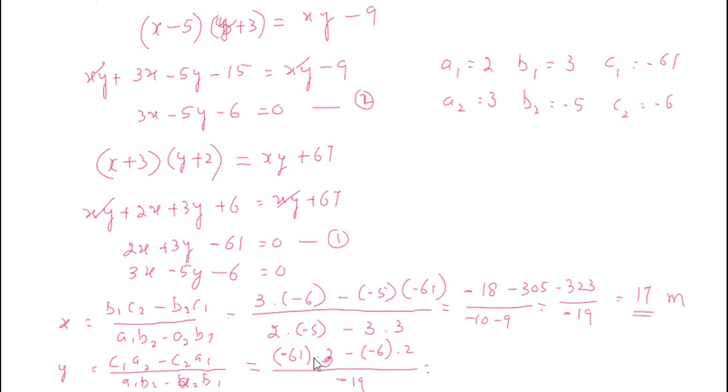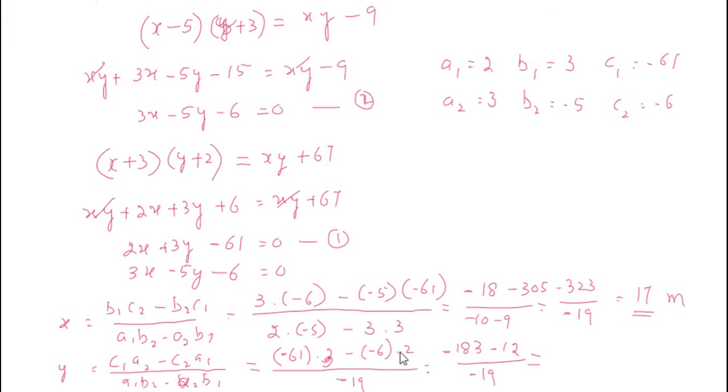So this becomes minus 183, and minus minus 12, so this is plus 12, divided by minus 19.